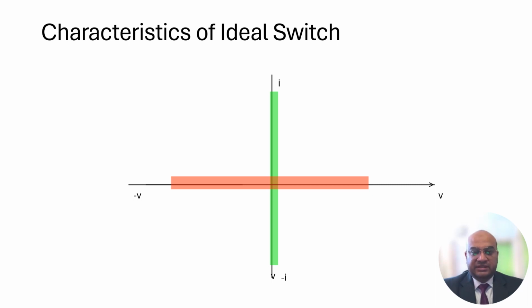So if somebody asks what is the ideal characteristic of a switch, it should be able to carry an infinite amount of current and block an infinite amount of voltage. Here you can see that during the on state, an infinite amount of current should be passed. During the off state, it should block an infinite amount of negative voltage.